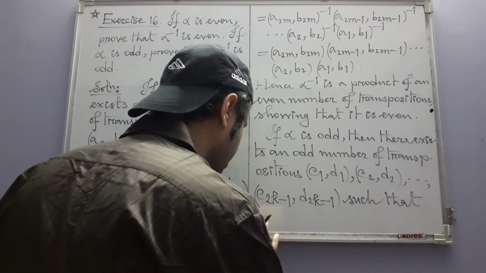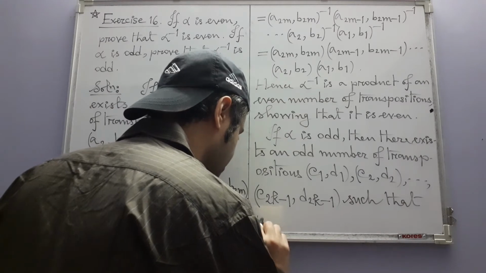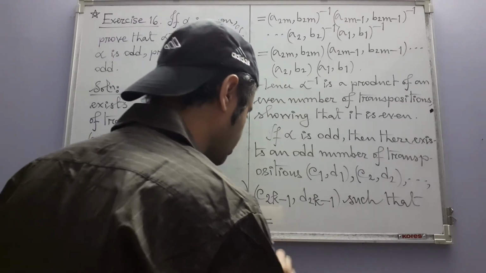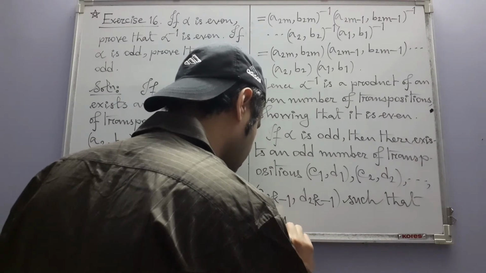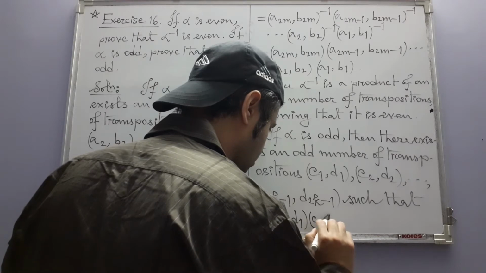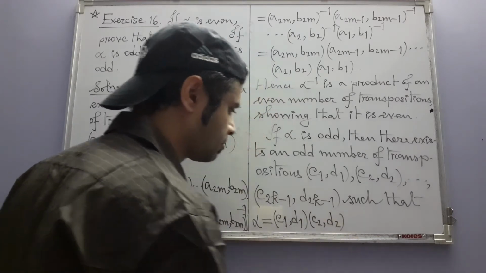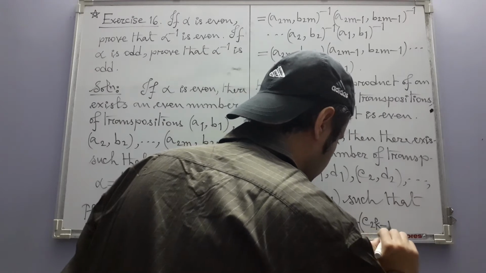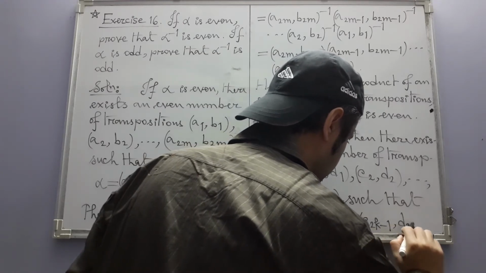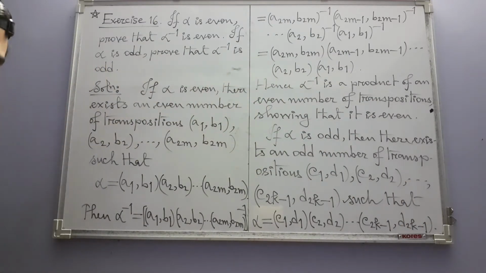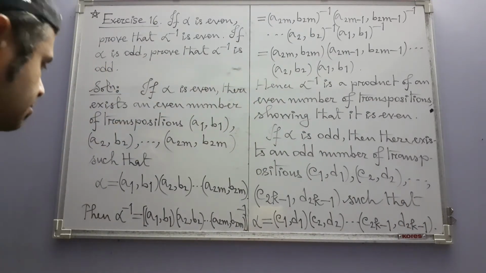alpha is their product. Where is beta coming from? We are still dealing with alpha, but now alpha is odd. Now take the inverse.